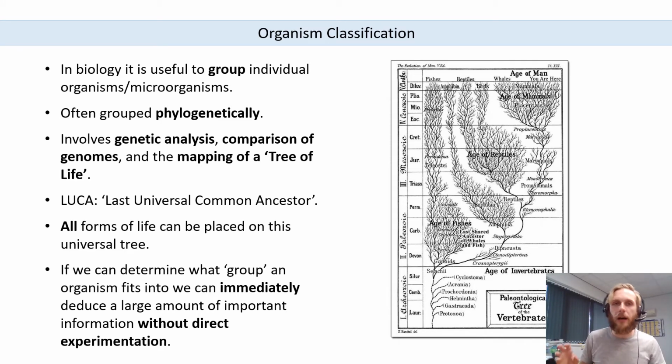If we put our infectious agent in that group, then we can say, okay, this is clearly a bacteria, so we can try to treat it with antibiotics. So hopefully that's a clear example of how grouping organisms together is useful.